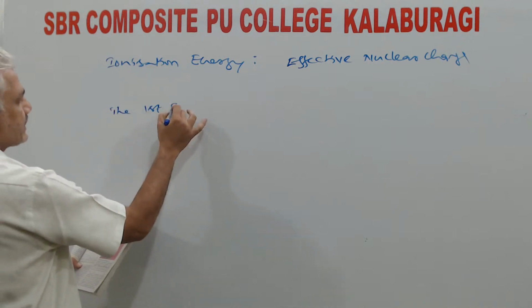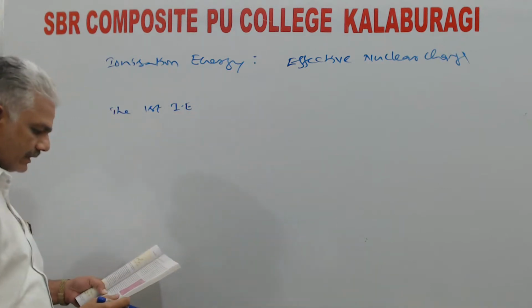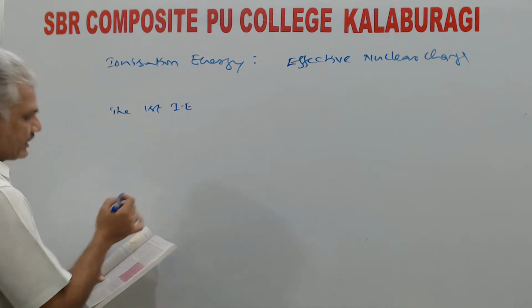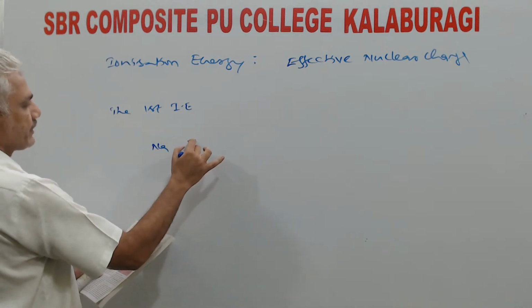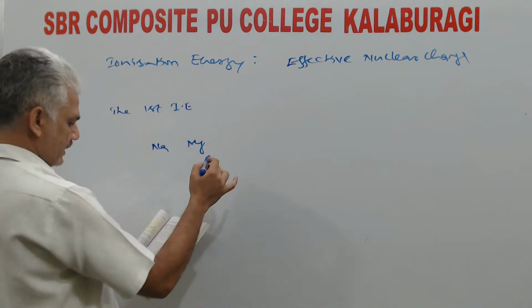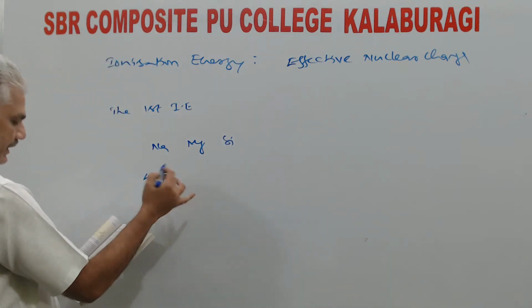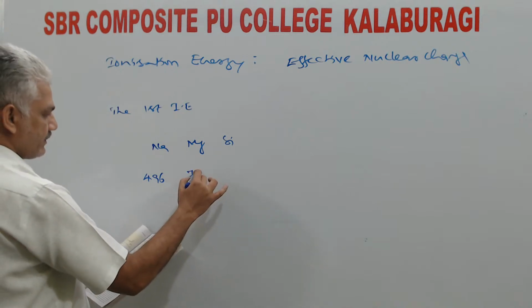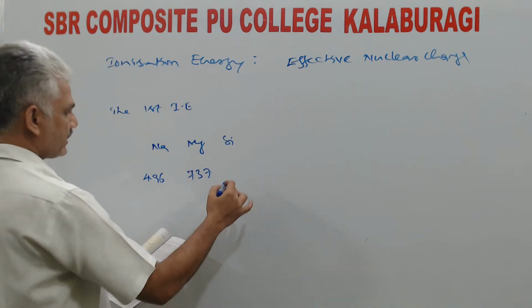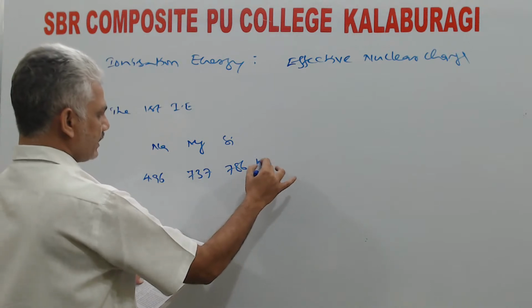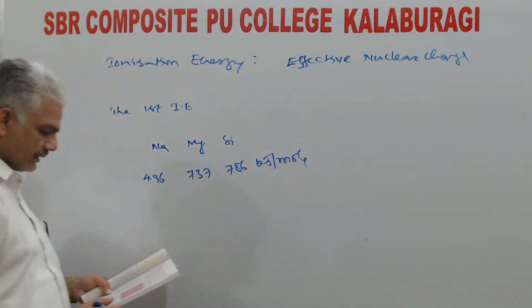The first ionization enthalpy values of the elements sodium, magnesium, and silicon respectively are 496, 737, and 786 kilojoules per mole.